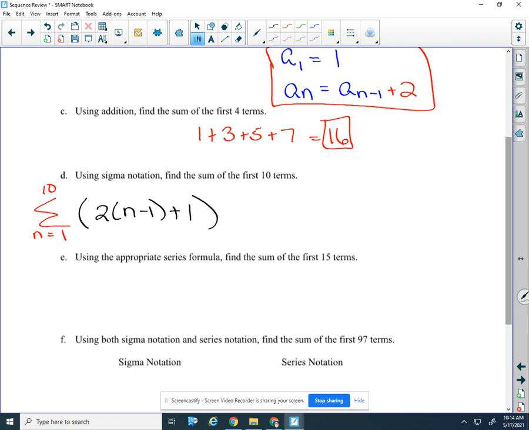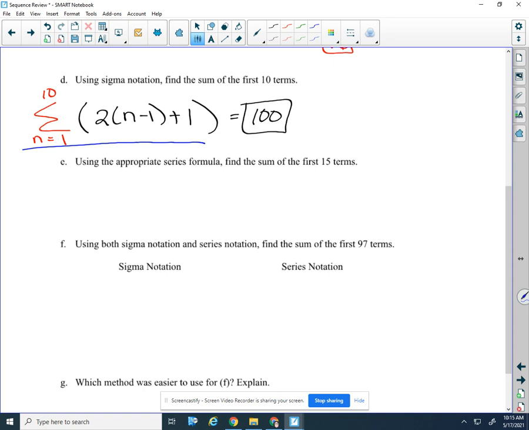Okay? And then you can put that in your graphing calculator. I believe you can also use Desmos. You just type sum, S-U-M. And when you type all of that in, you get 100. Now, because it says using sigma notation on a test, you would have to do that for full credit.